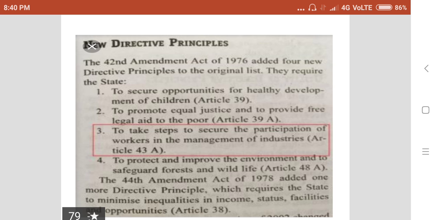The 44th Amendment Act of 1978 added one more directive principle which requires the state to minimize inequalities in income, status, facilities, and opportunities, Article 38.